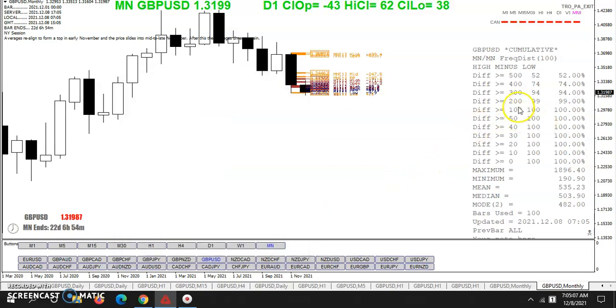So, chance that it's going to be bigger than 200 pips, 99%.